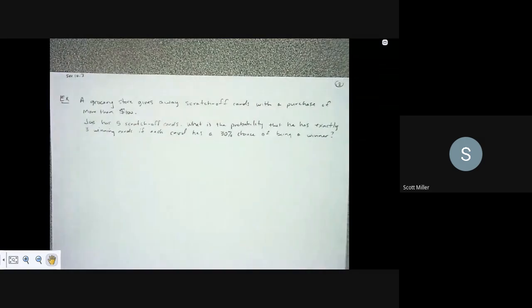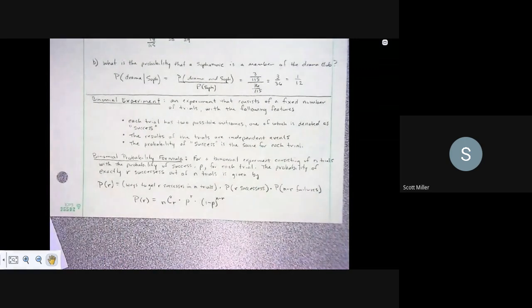All right, so let's look at some other. Before we can answer this question, we need to learn some more things. Okay, so here we go. A binomial experiment is an experiment that consists of a fixed number of trials with the following features.